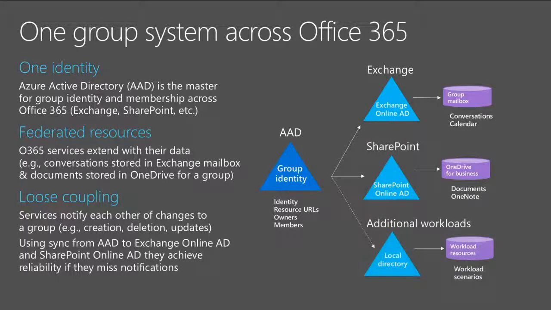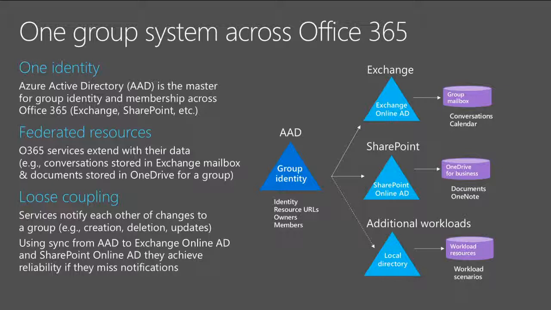If you look at this diagram, you can think of forward sync as those little arrows. When someone changes something in Azure Active Directory, that change needs to be broadcast to the individual services. Now, there's a lot of problems with having services try to stay up to date on their own, so we use forward sync.